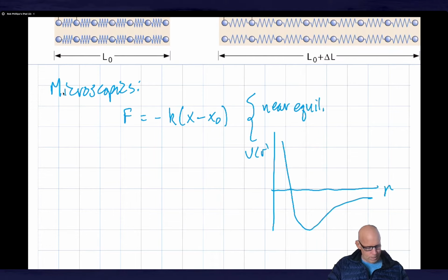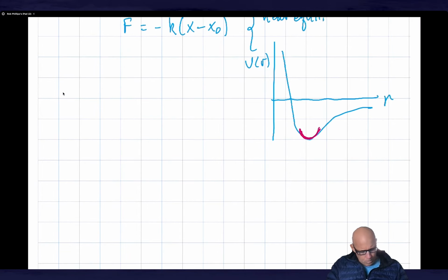So this is a V of r. In principle, there could be angular interactions and so on. Anyway, near equilibrium, that is to say, when I'm in this neighborhood right here, this thing behaves quadratically. And if that energy behaves quadratically, then the forces are linear in the displacement, which is what I wrote right here.